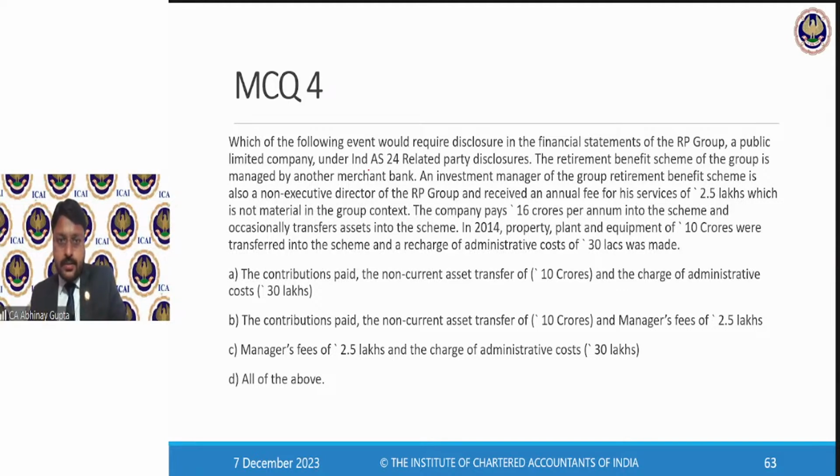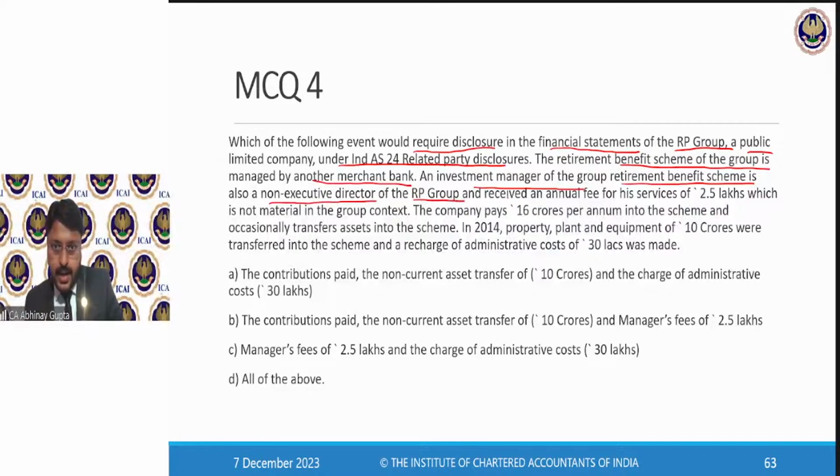Which of the following events would require disclosure in the financial statements of RP Group, a public limited company, under Ind AS 24 related party disclosure? The retirement benefit scheme of the group is managed by another merchant bank. An investment manager of the group retirement benefit scheme is also a non-executive director of the RP Group and received an annual fee for his services of 2.5 lakhs.